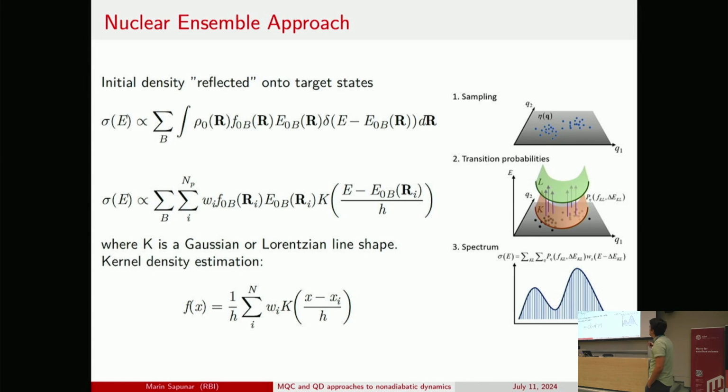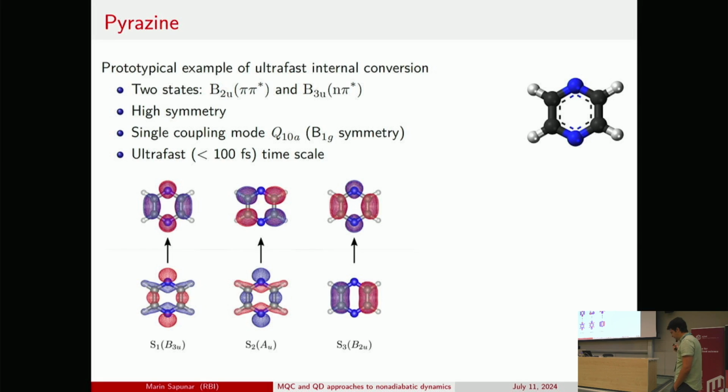Here we are calculating UV spectra, so you have oscillator strength, but basically any observable can be calculated in a similar way, by averaging over all your geometries and having a broadening parameter, which is a Gaussian. We call it the nuclear ensemble approach, but this is a completely standard method from statistics. It's called kernel density estimation. So we use that to calculate our observables.